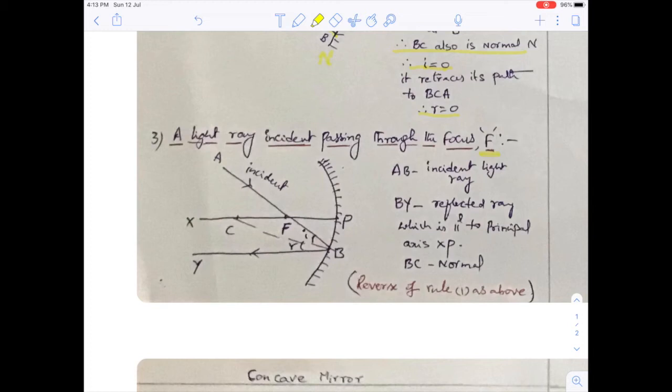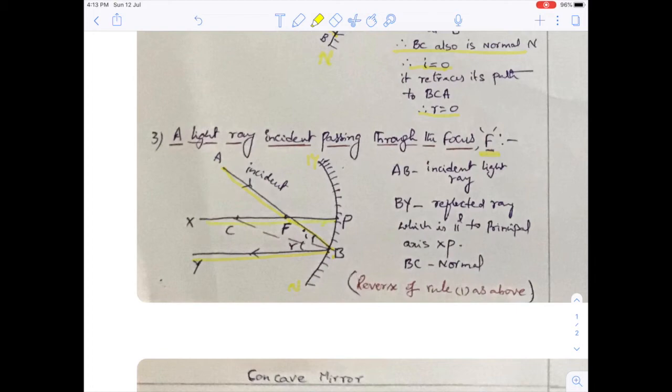Now a light ray which is passing through F, that is the focus, is incident at the point B on the surface MN, which means AB is the incident light. BY is the reflected light which will be parallel to the principal axis.